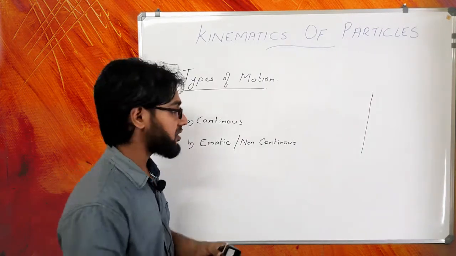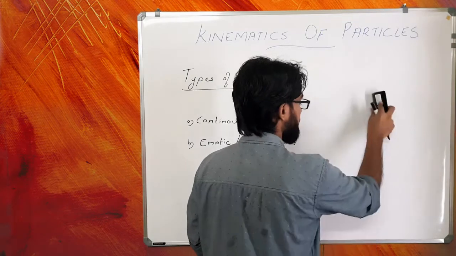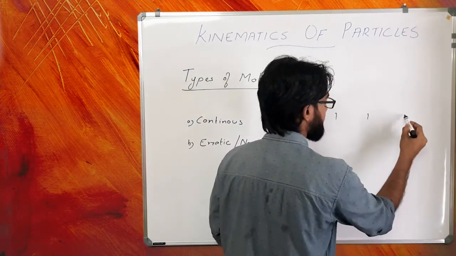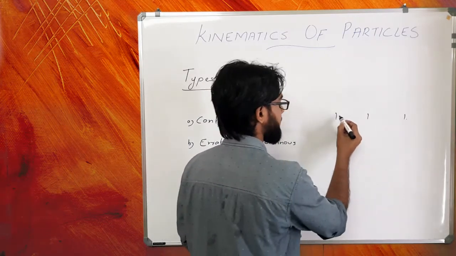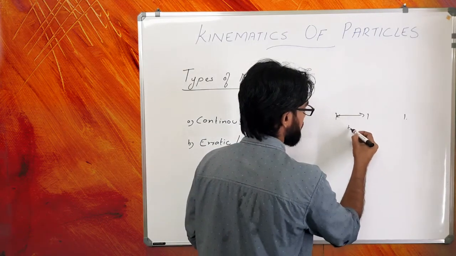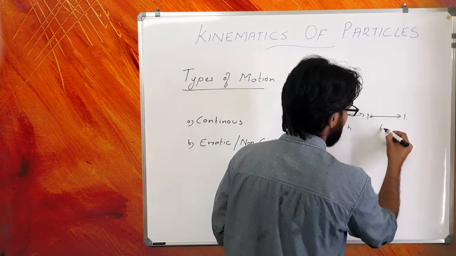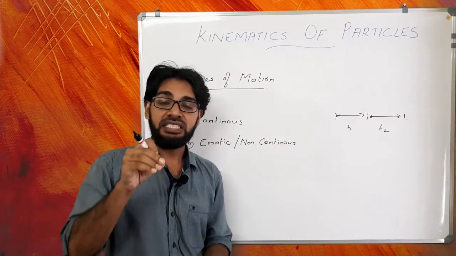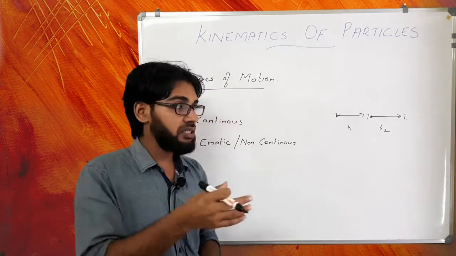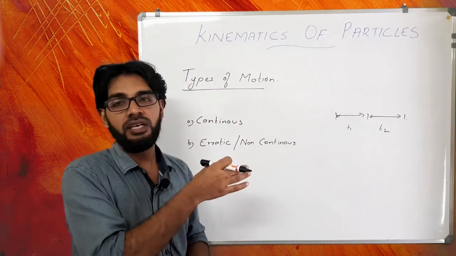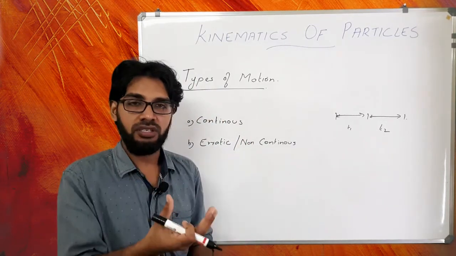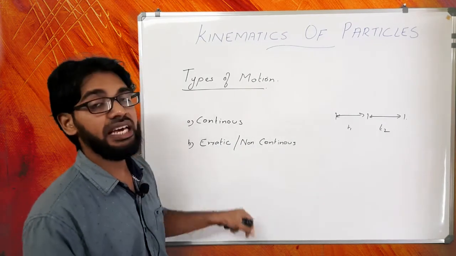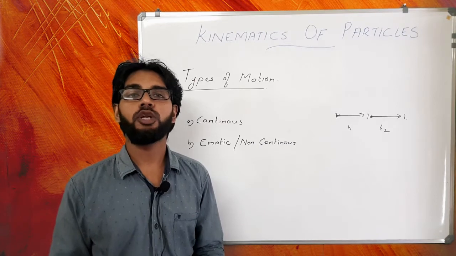What we do here, if possible, is divide the entire motion into certain time intervals t1, t2, t3, etc., and then try to describe the motion within these time intervals as functions if possible. So this is the case of an erratic or non-continuous motion.